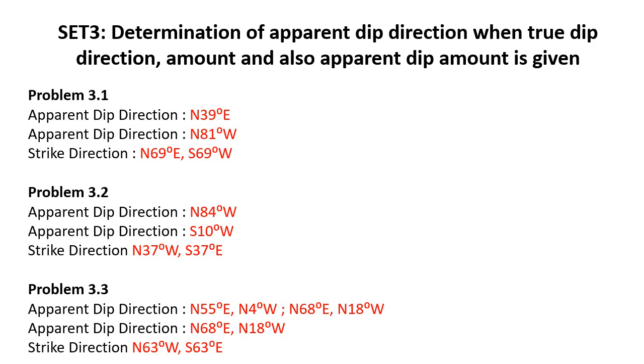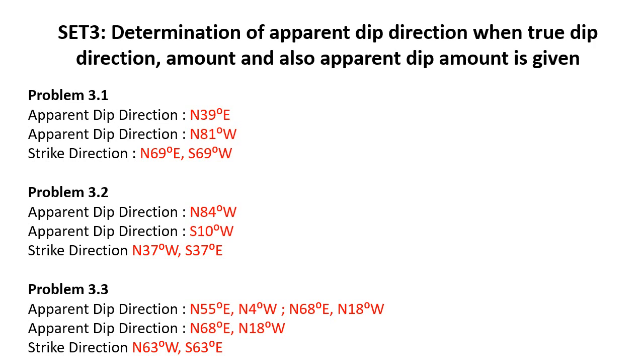Suppose for 9 centimeter one amount is given, for that we have to cut the 2 arcs, and one more amount is given, for that we are going to cut 2 arcs. So these are the 4 answers we have got in problem 3.3. We have to take care of that.